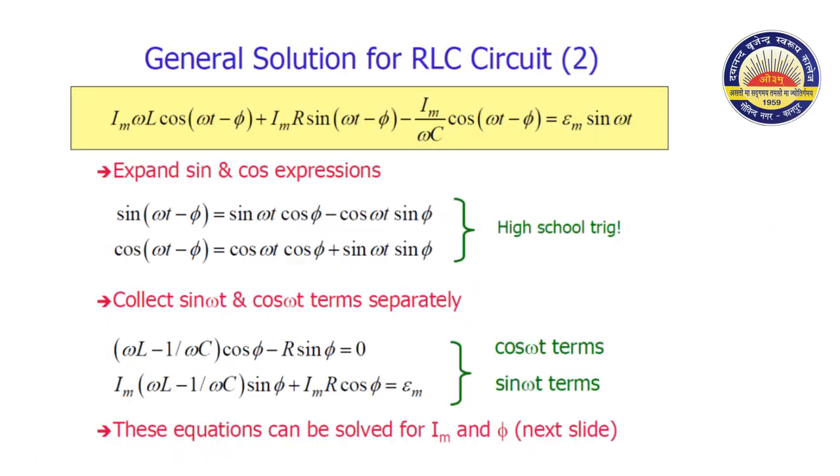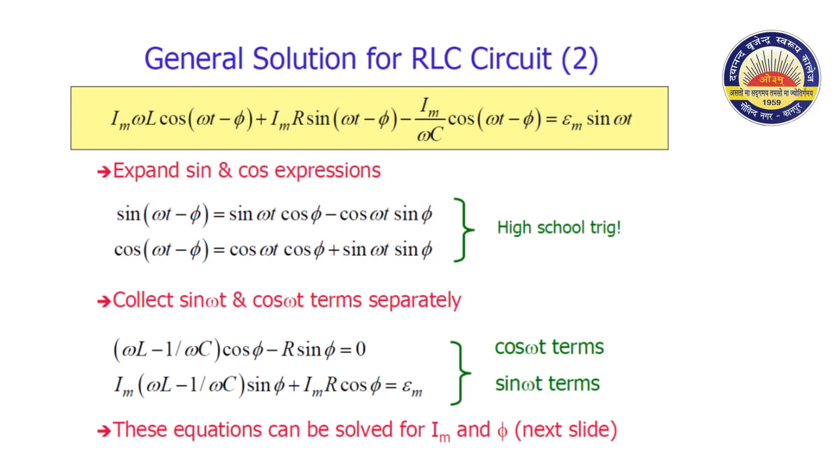Now using trigonometry, sin of omega t minus phi is equal to sin omega t cos phi minus cos omega t sin phi, and similarly expanding cos of omega t minus phi, and then collecting the sin omega t and cos omega t terms separately in the equation in the highlighted area, we will get the following two terms for cos omega t and sin omega t.